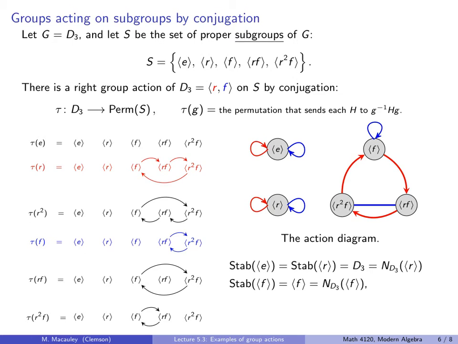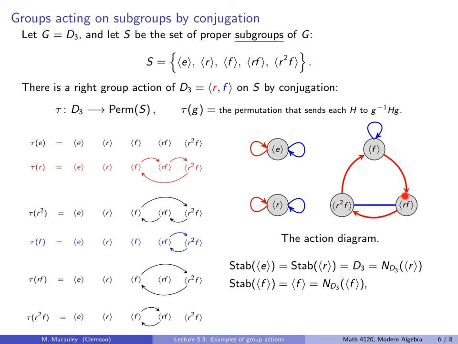The stabilizer of the subgroup generated by F is all things that normalize this subgroup. And you can read it off the action diagram. The identity path starts here and ends here. And what else starts here and ends here? Well, F. So that normalizes this subgroup. And you can say, well, there's also R cubed, but that's the identity.